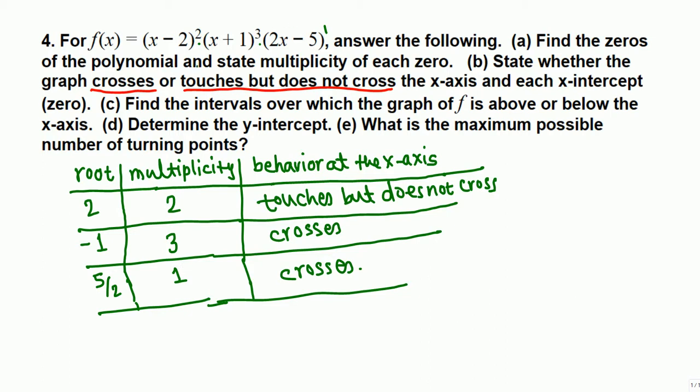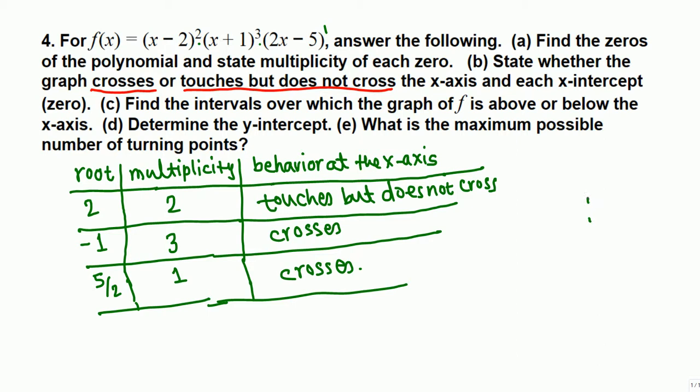So even degree, and we have a positive leading coefficient because there is a positive 1x, 2x. When we multiply out everything, it will be 6th power with a positive leading coefficient.